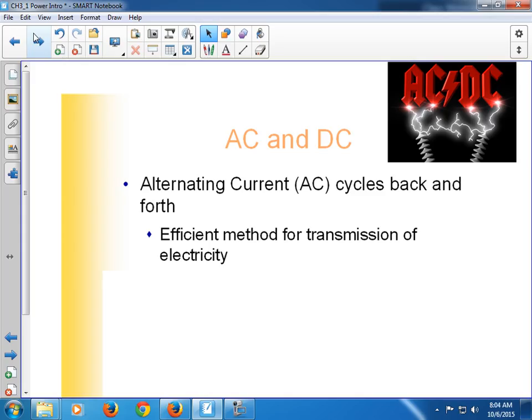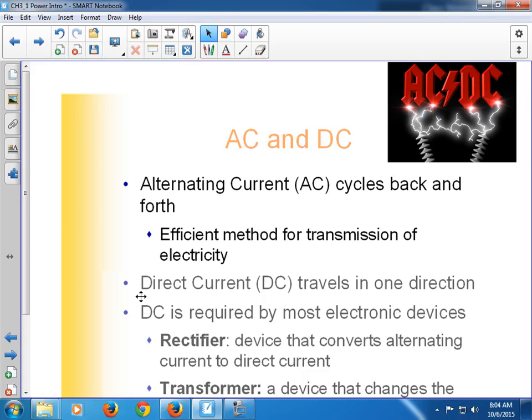AC has to be used to transmit electricity. It goes back and forth. Direct current, however, is the kind of electricity that's required for electronic devices. All of our electronic devices pretty much use DC power. So how do we get AC power from our wall outlet to DC power for our electronic devices? First of all, we have something called a rectifier, and a rectifier turns AC into DC.